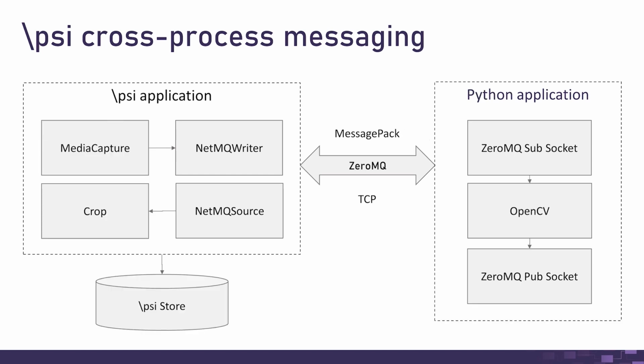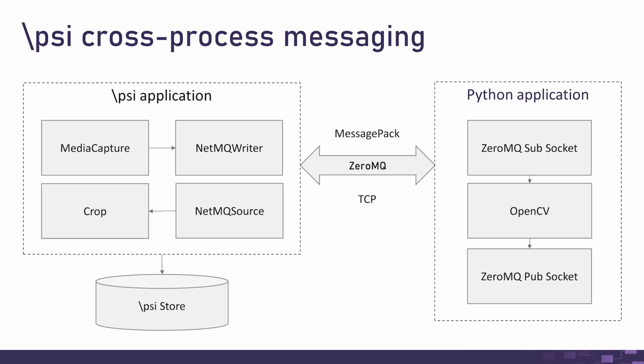In the particular sample that we'll be building, we will use a media capture component to capture video and send that over ZeroMQ to the Python side. We'll use MessagePack. On the Python side, we'll use a ZeroMQ and MessagePack library that's already available to receive those messages, and we'll use OpenCV to detect faces in the frames of video.